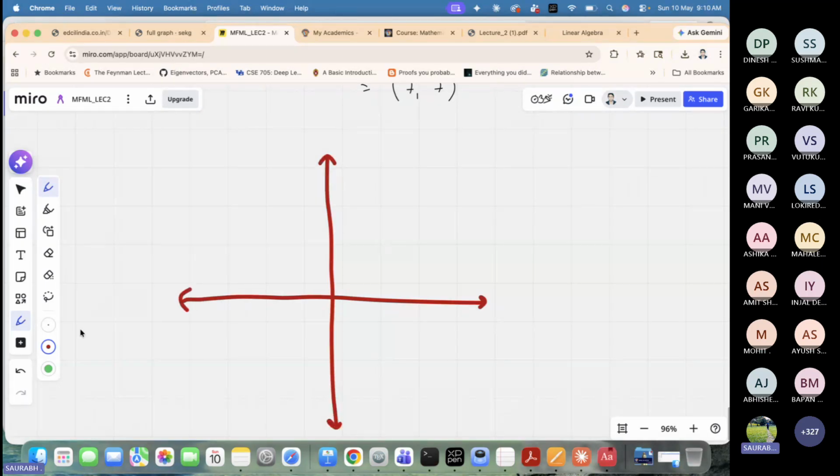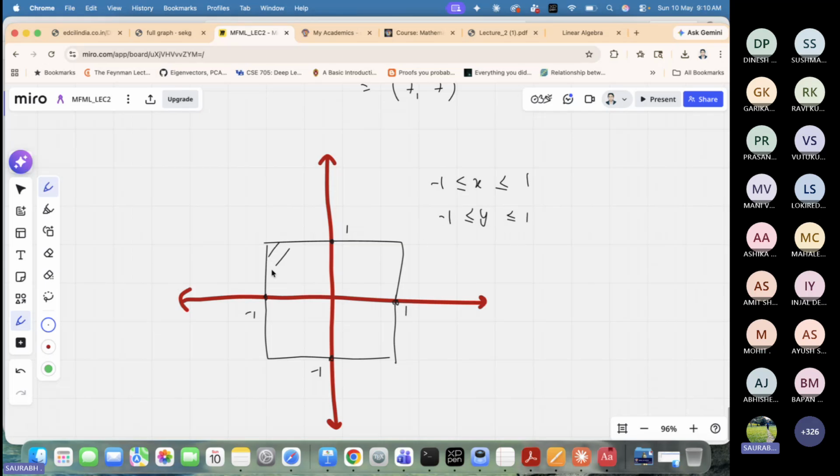Do you think this particular space, which is confined between, let's say, x minus 1 and 1, and y minus 1 and 1, so x is between minus 1 and 1, and y is confined between minus 1 and 1? So you get a space which looks like this. This is the square, right? Do you think this square is a vector space?